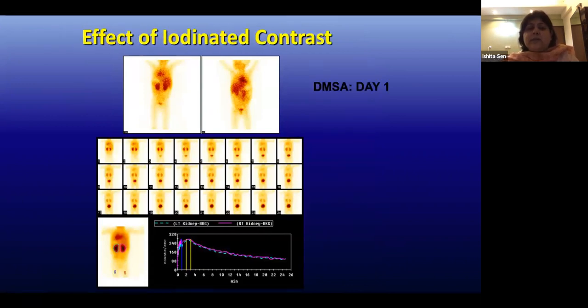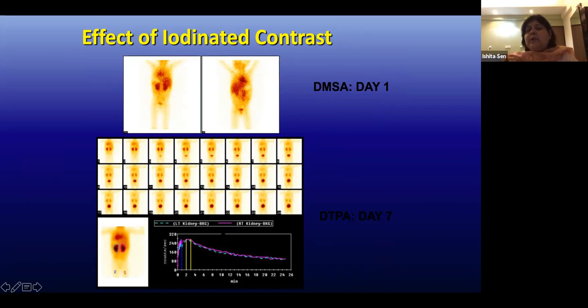Okay, sorry, this was a patient where an iodinated contrast had been administered, and on the first day you can see that the DMSA shows a lot of background activity, and you can see the tracer in the heart, in the liver, everywhere. The same patient underwent a DTPA on day 7, and you find that the effect has disappeared.